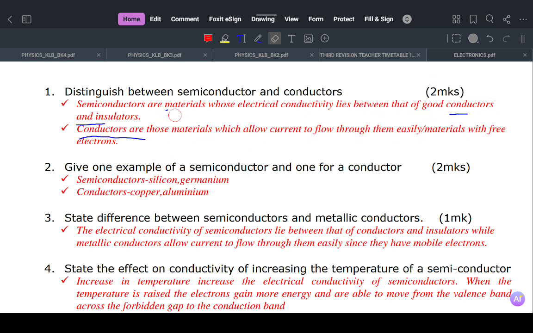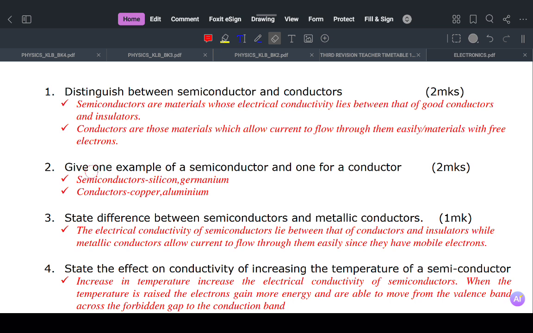Question number 2 is saying, give one example of a semiconductor and one example of a conductor. Remember, semiconductors are the group 4 elements. So just by naming group 4 elements, such as silicon and germanium, these two are examples of semiconductors.